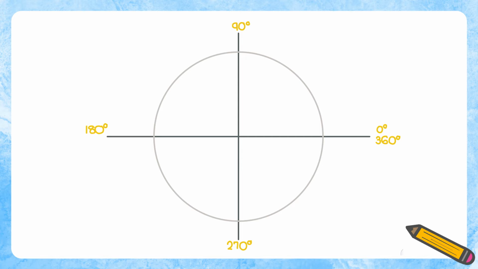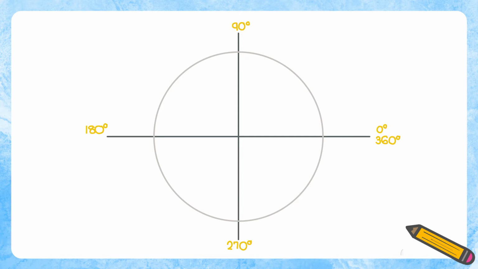In part 1, we looked at quadrantal angles written as degrees, and we noticed that the quadrantal angles are in increments of 90 degrees. So we start at 0 degrees, 90 degrees, half a circle is 180 degrees, 270 degrees, and lastly, the full circle, 360 degrees.